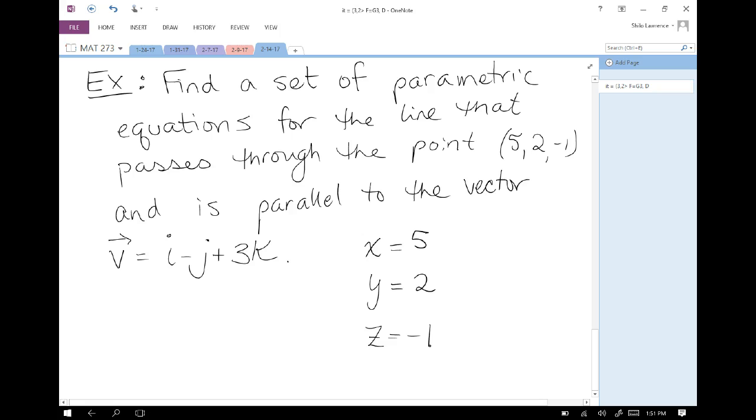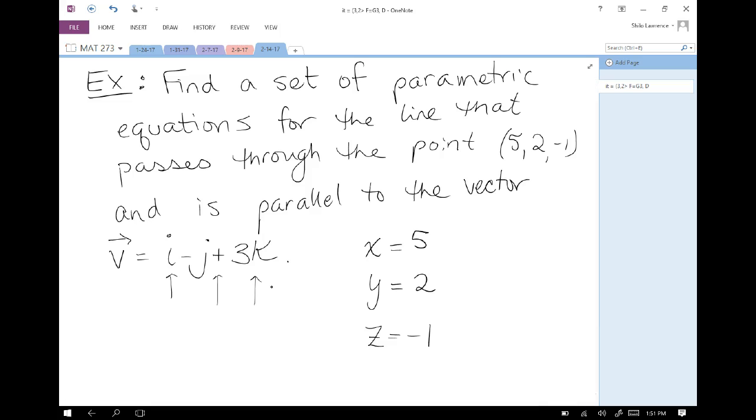And then as we move away from that point, we need to make sure that the x is moving a certain number of increments, the y is moving a certain number of increments, the z is moving a certain number of increments, so that it's parallel to this vector. So we want to use those direction numbers.